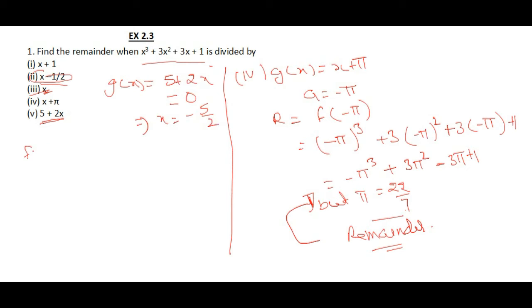So find f of minus 5 by 2. Put in minus 5 by 2: cube plus 3 times minus 5 by 2 square plus 3 times minus 5 by 2 and plus 1.